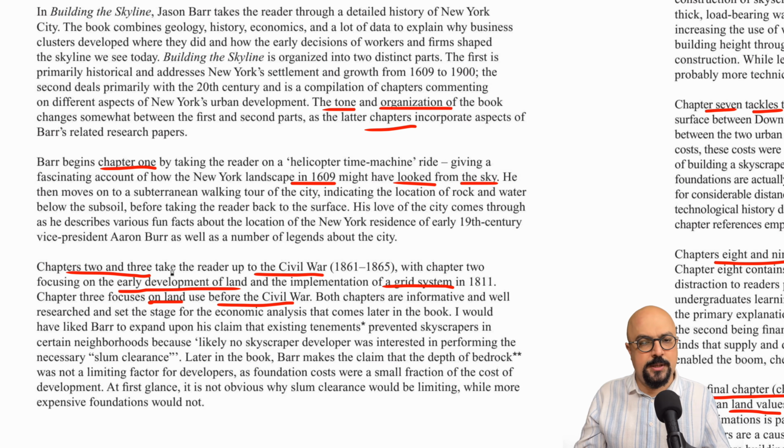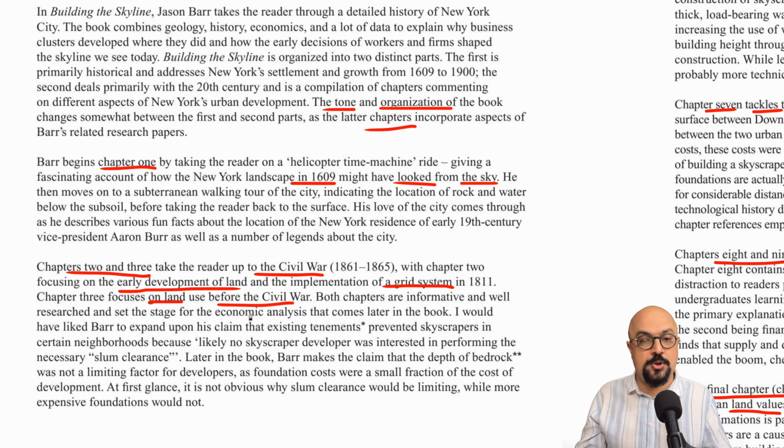Okay. Take the reader up to the, with chapter 2 focusing on the early development and chapter 3 focusing on land use before the Civil War. Both chapters are informative and well researched and set the stage for the economic analysis that comes later in the book. Yes, set the stage for.